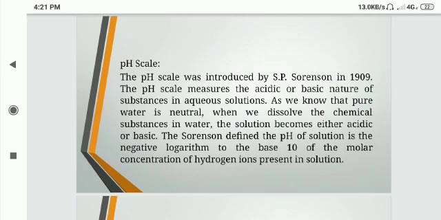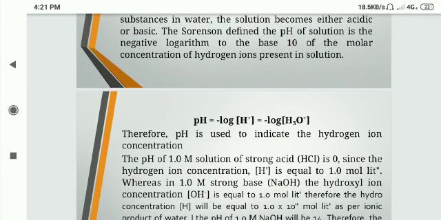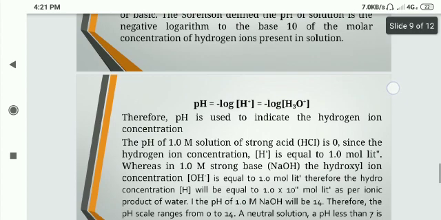Sorensen defined the pH of a solution as the negative logarithm to the base 10 of the molar concentration of hydrogen ion present in the solution. Mathematically, pH is equal to minus log of concentration of H plus ion. Therefore, pH is used to indicate the hydrogen ion concentration.